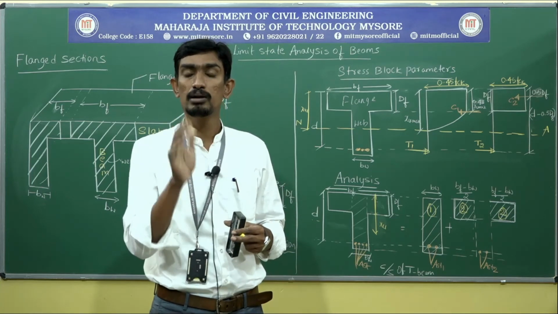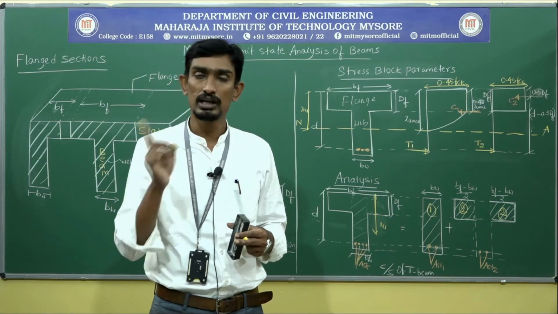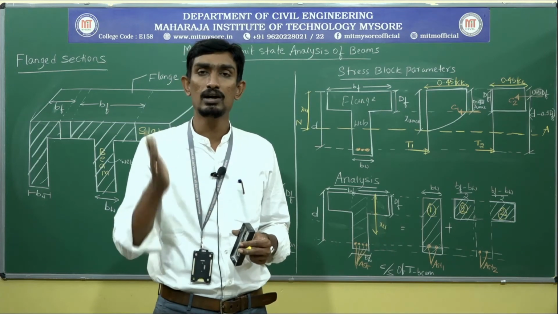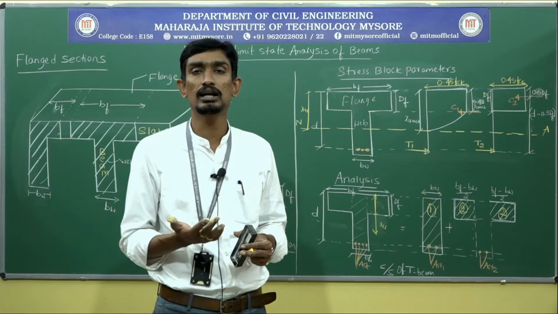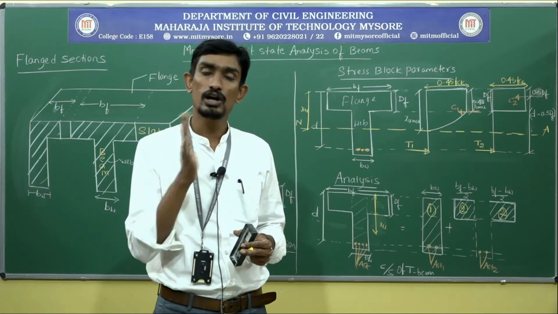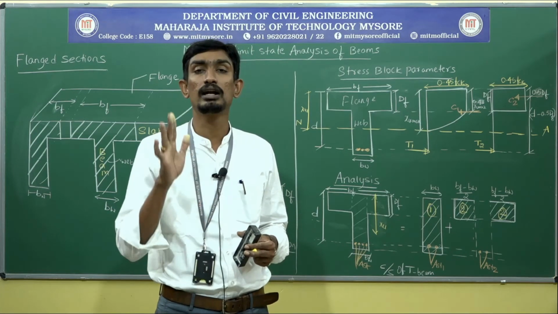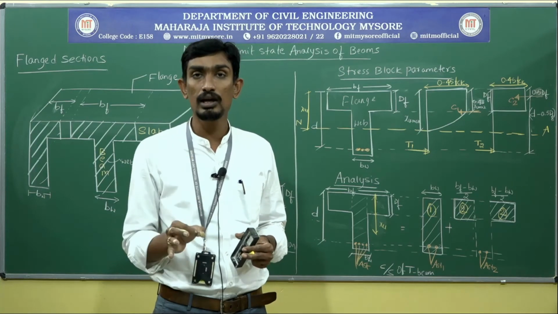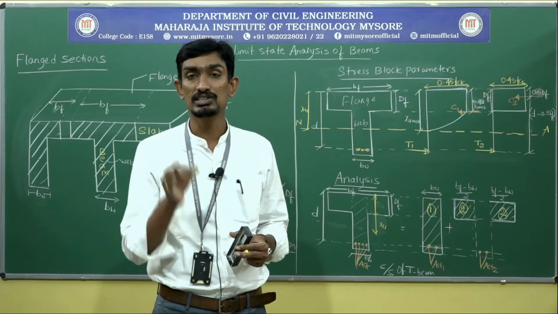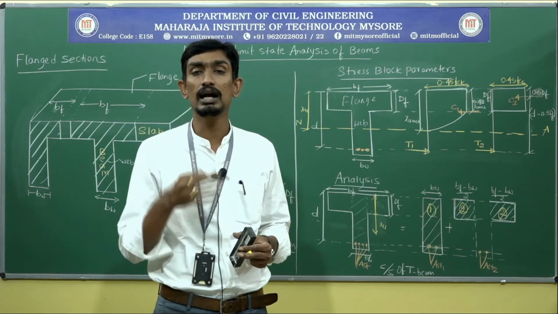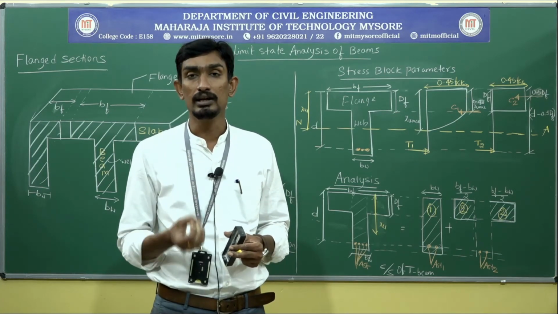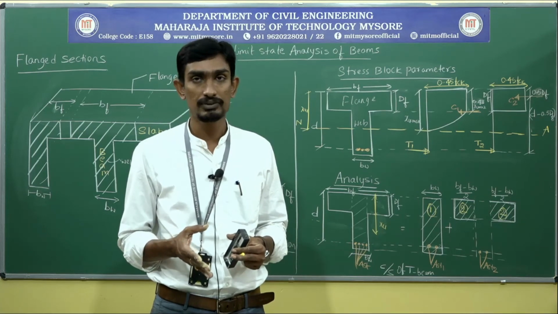The aim of the problem remains same, no change. In singly reinforced also we calculated moment of resistance, in doubly reinforced also we calculated the moment of resistance. Here also the same thing, we are going to calculate the moment of resistance. The thing is, we need to calculate first XU. We need to check the conditions, whether the XU is lesser than DF or greater than DF. Is it clear?